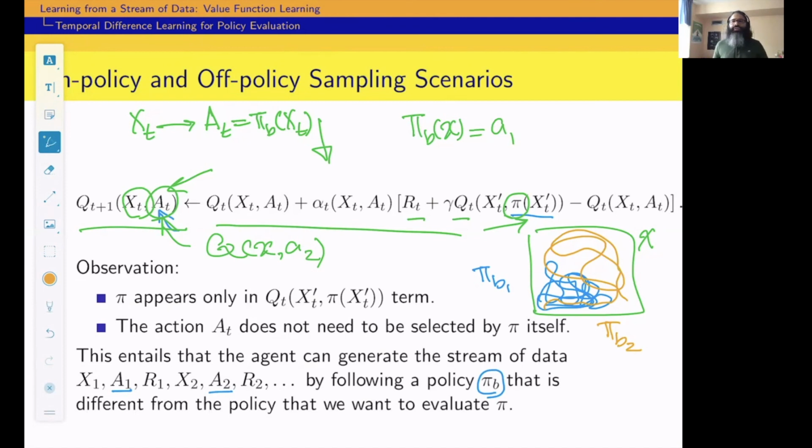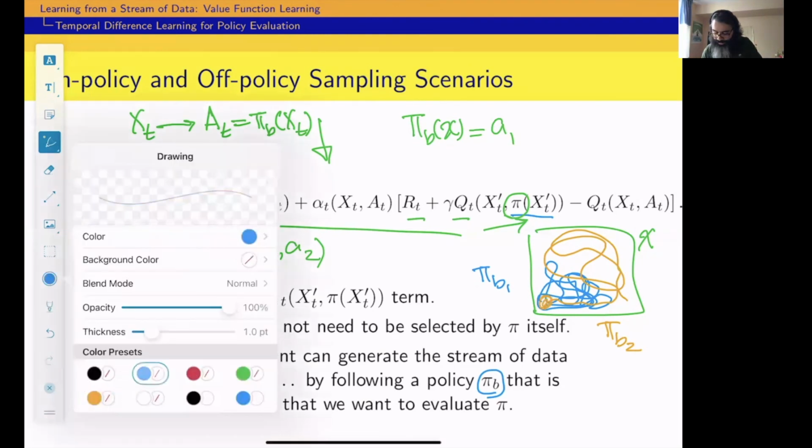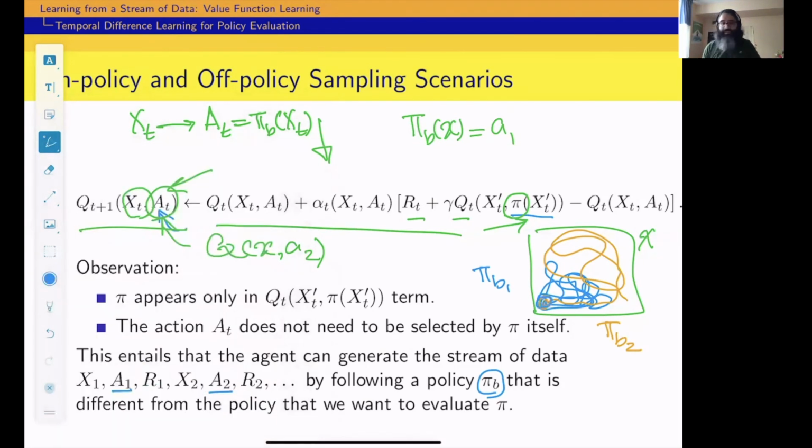If the optimal policy is like b1, and we always start from this region, we never have a good estimate of the action value for a state like here, because we never have samples from there.